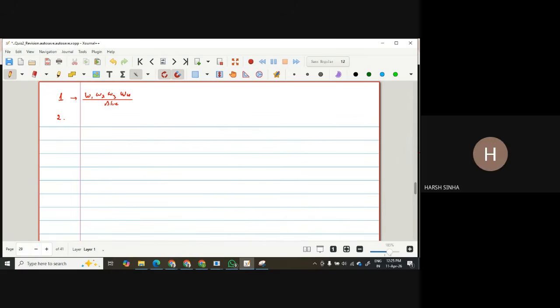Then it will consider, for example, W5 to W14 for black, and W15 to W31 for brown. Okay.